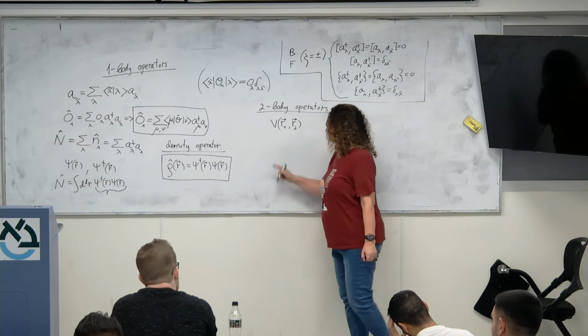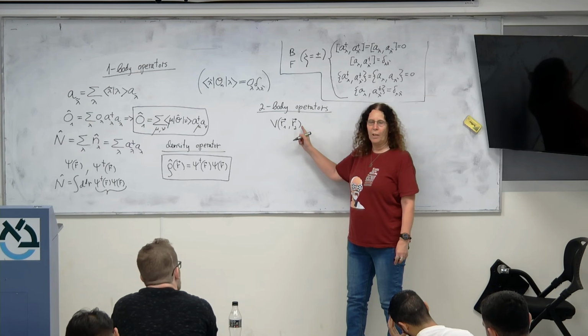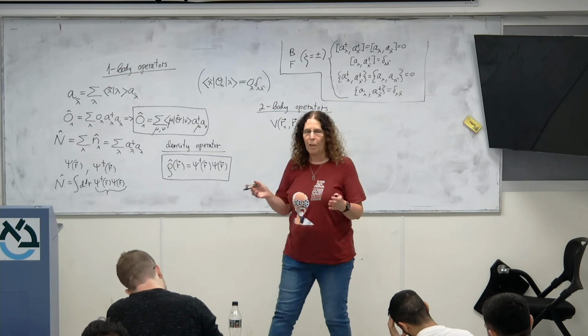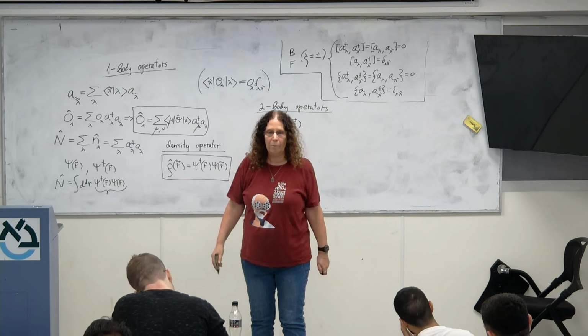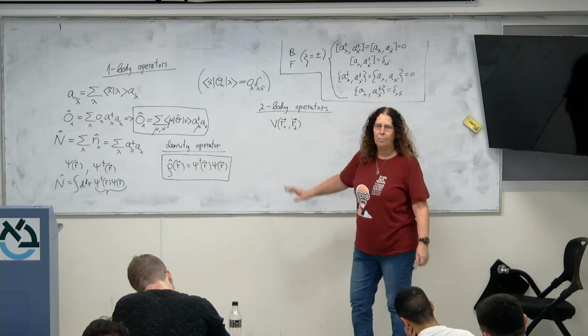And V here is a potential, it's some function of R1 and R2. Often we think of interactions that depend only on the distance, but it doesn't have to be. Let's write it most general.